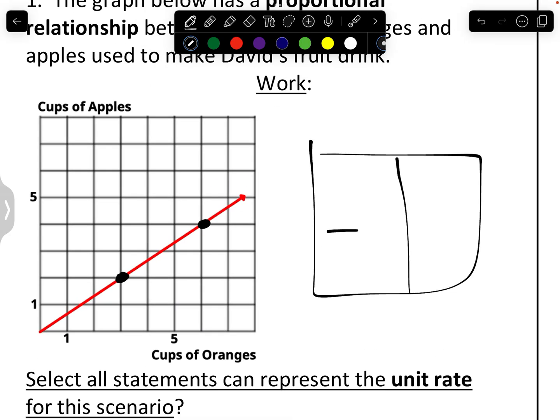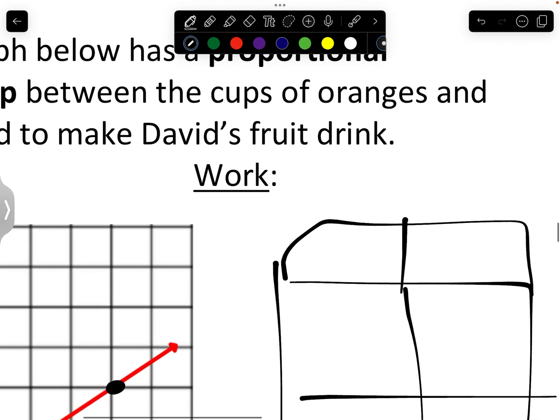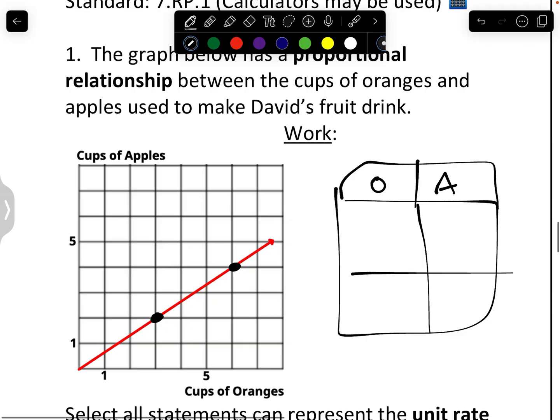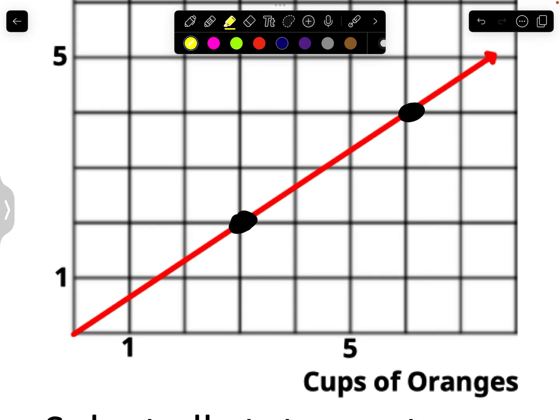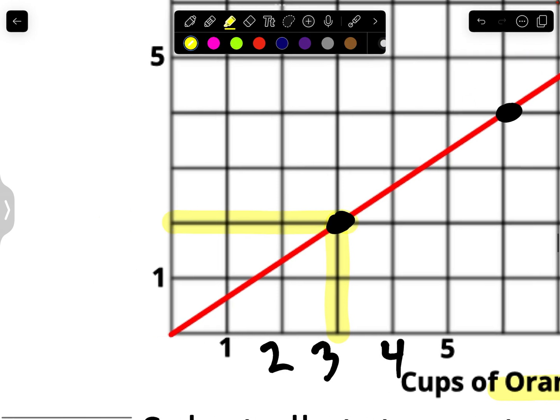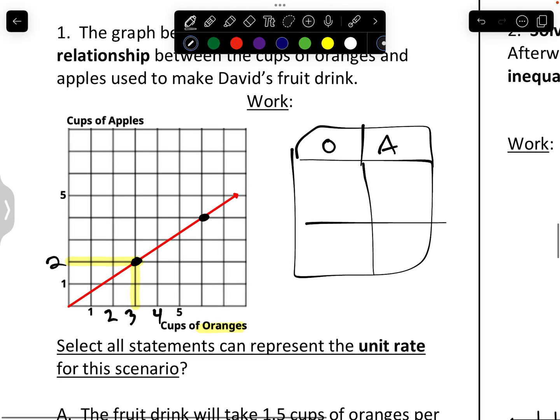So if I do this, this one's saying between oranges and apples. So I'm going to put an O for orange and an A for apple. Well, this one for oranges, looks like we're counting by ones, right? So 3 oranges for every 2 apples. Okay, so 3 oranges for every 2 apples.